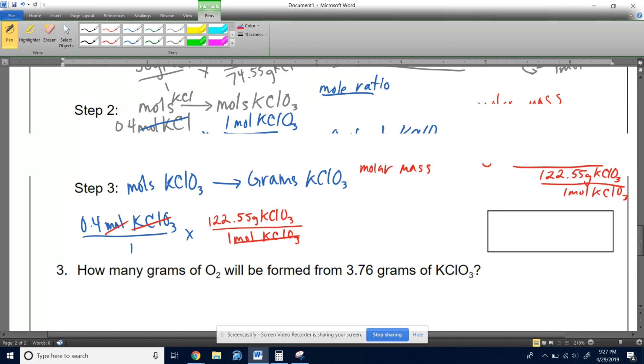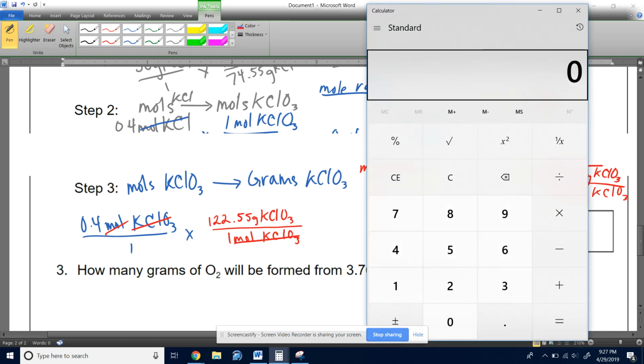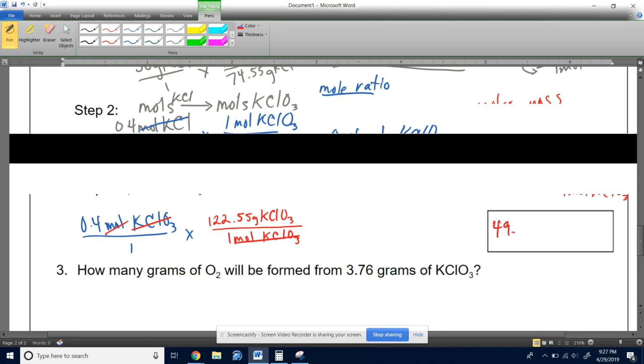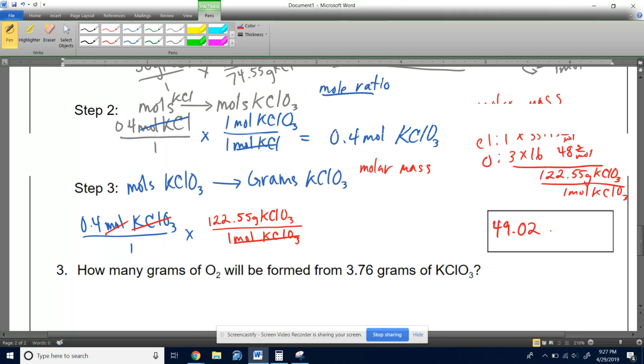And then we should finally reach an answer of 0.4. Now we just have to do this multiplication times 122.5. We should get 49.02 as our final answer. Okay, so it's 49.02 grams of KClO3.